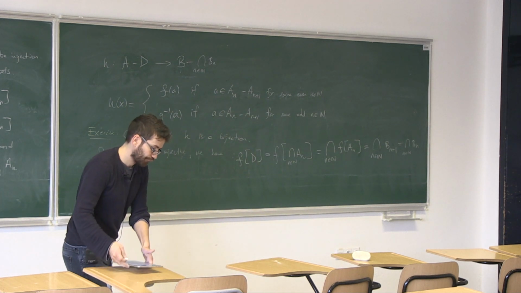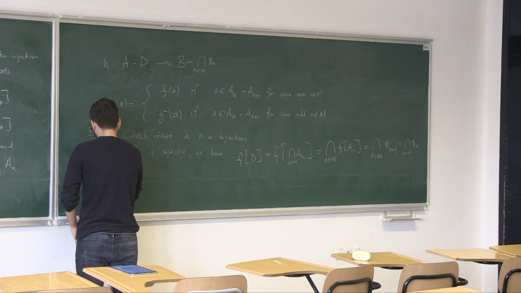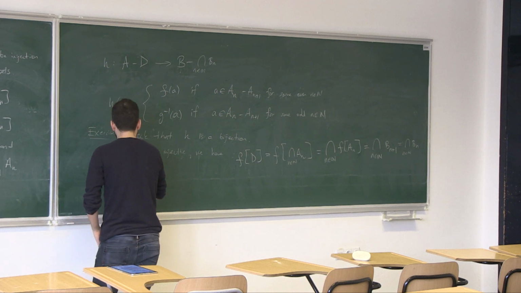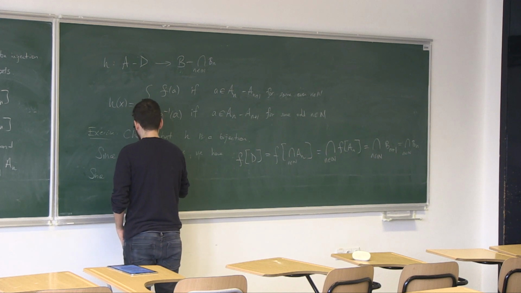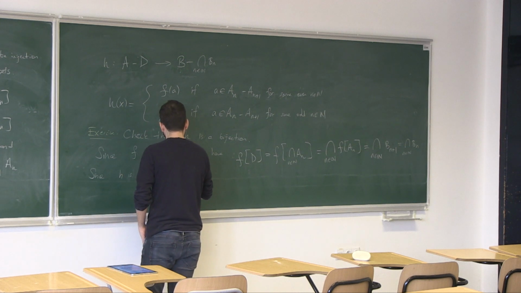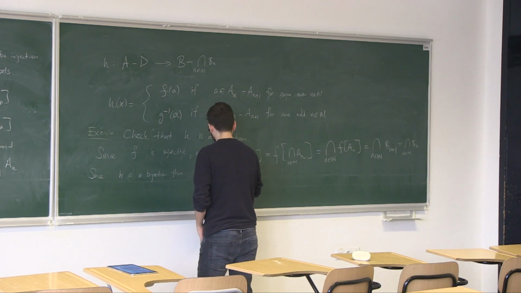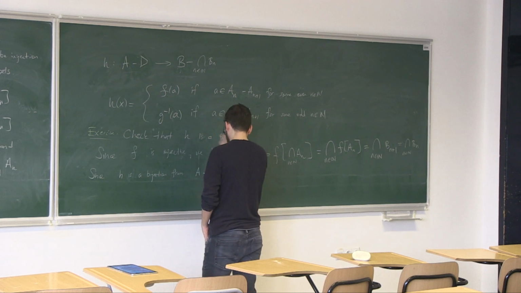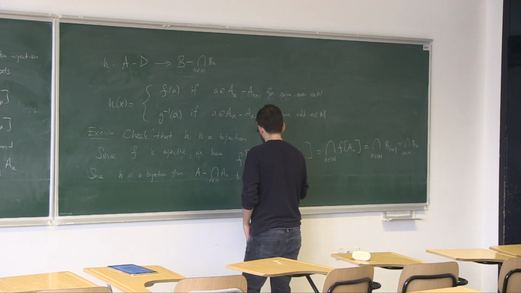Now, this H is a bijection from A minus the intersection of ANs, A minus D, to B minus intersection of BNs.